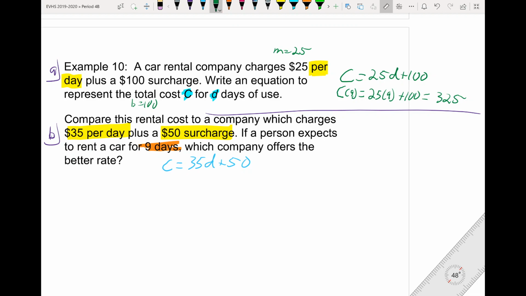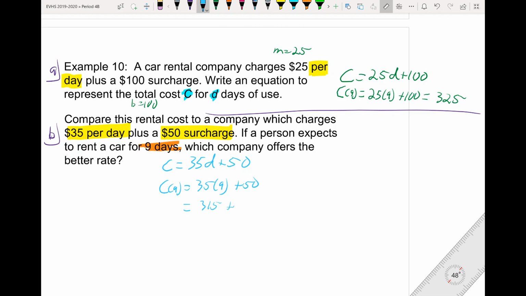All right, now down here we've got C of 9 is equal to 35 times 9 plus 50. Yeah, I got no fancy tricks for 35 times 9. 350 minus 35? Well, no, it's 350. 35 times 9 would be 35 times 10 minus 35. So it's 350 minus 35 is 315.